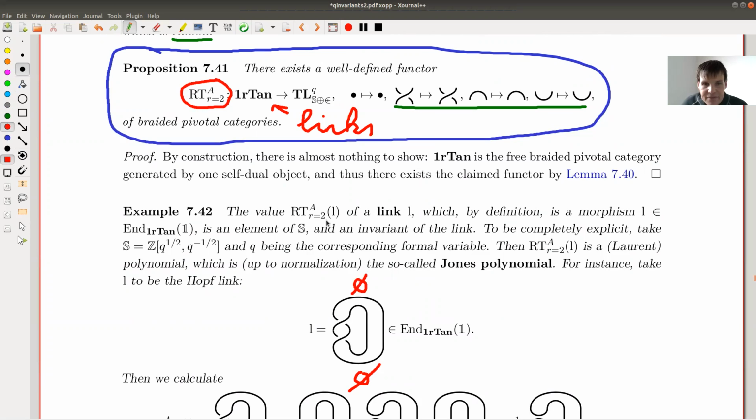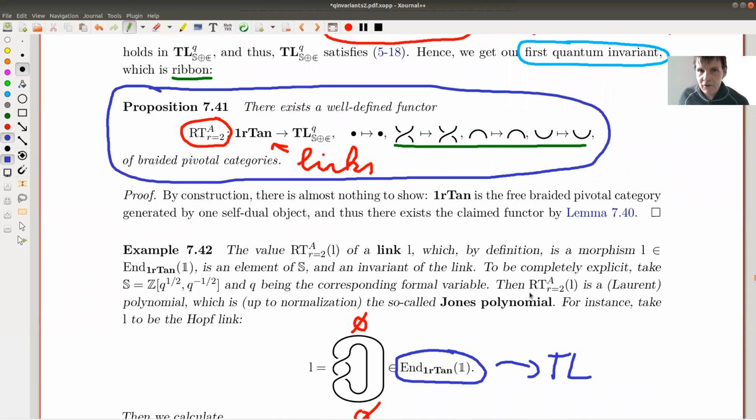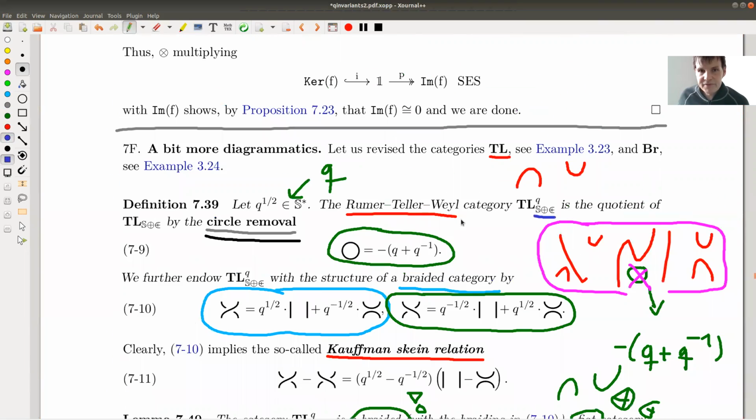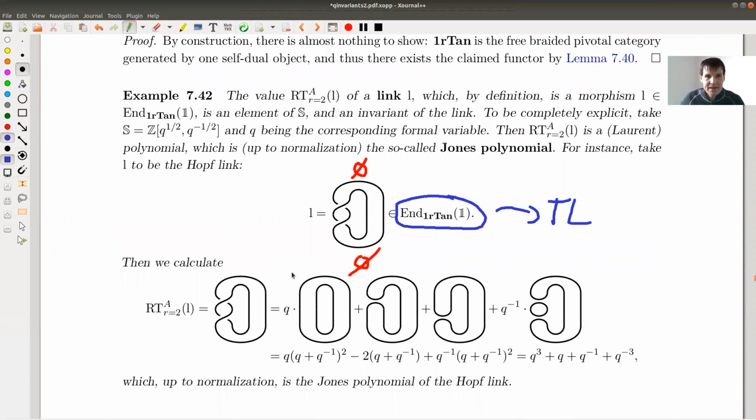A link is an element in the endomorphism ring of the monoidal unit in these ribbon tangles, and the image of it lands in the corresponding thing in TL. But now, because you can remove internal components, the image is just an element in this ring. So let's say this is our ground ring. So it's an element in the ground ring.